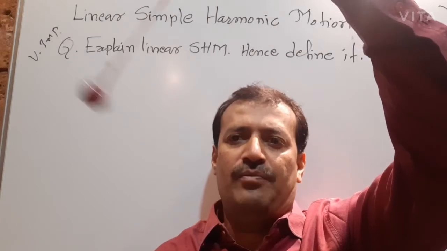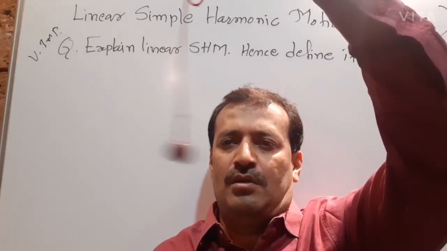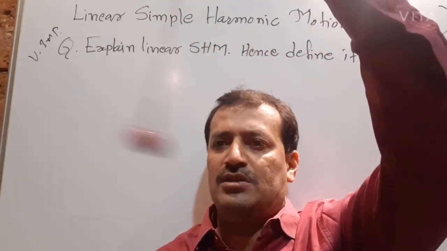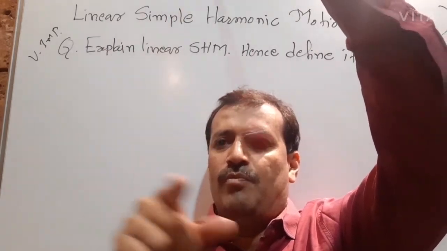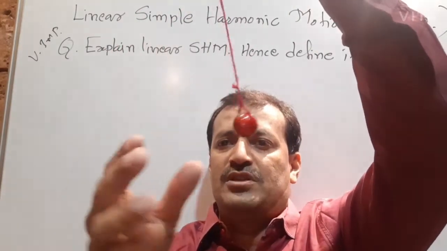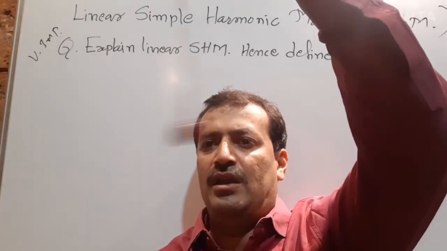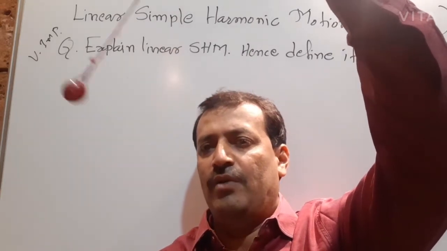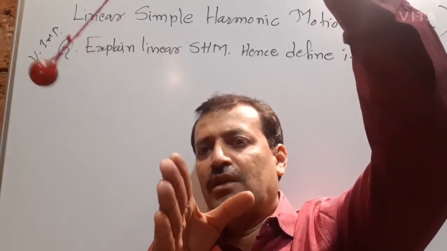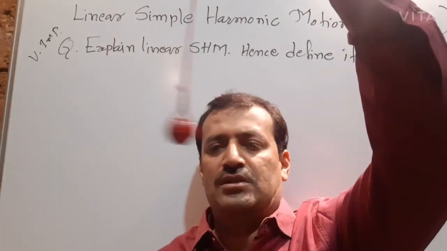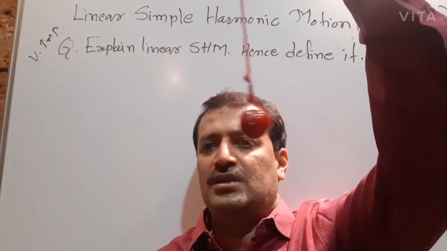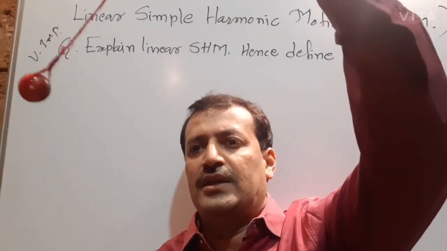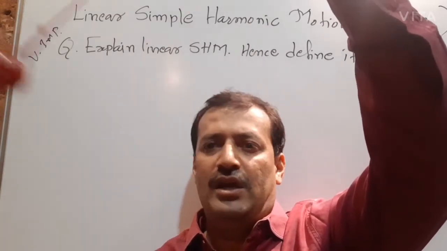But by careful observation, some questions arise in your mind: why does the velocity of the bob go on decreasing, why does the bob stop at the extreme point and then again move towards the mean point, and why does the bob not stop at the mean point but moves towards the left. The answers to these questions are the explanation of linear S.H.M.